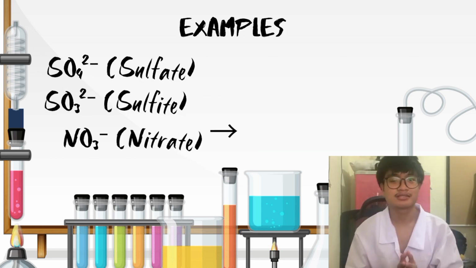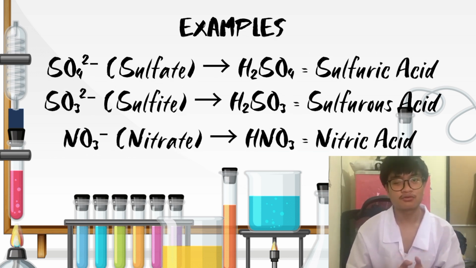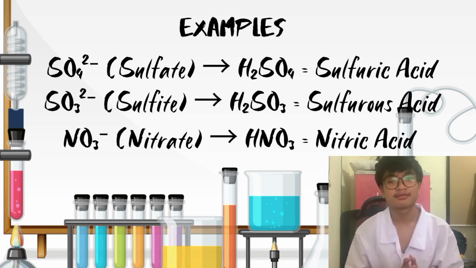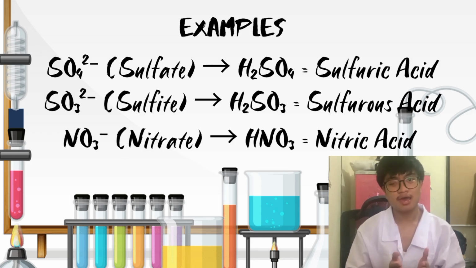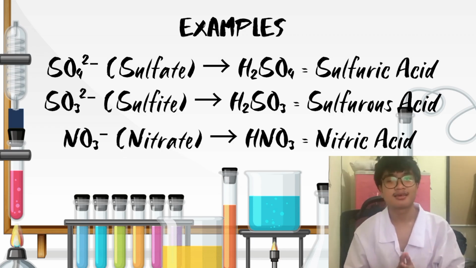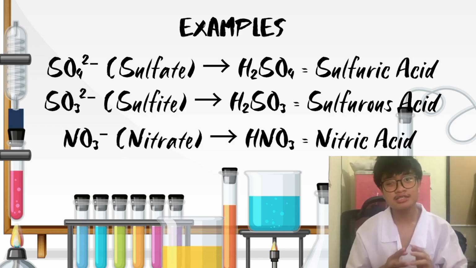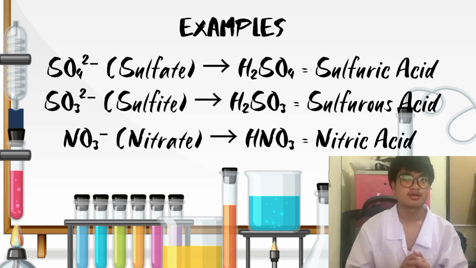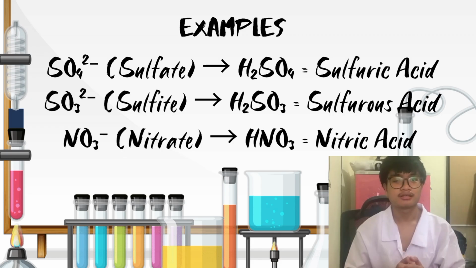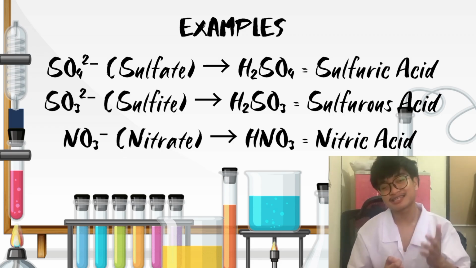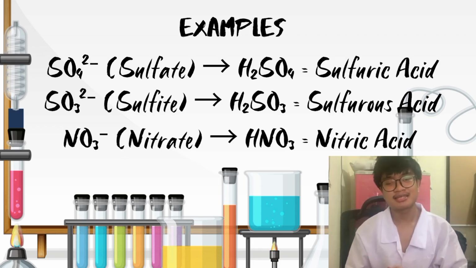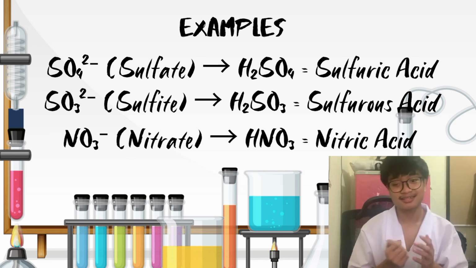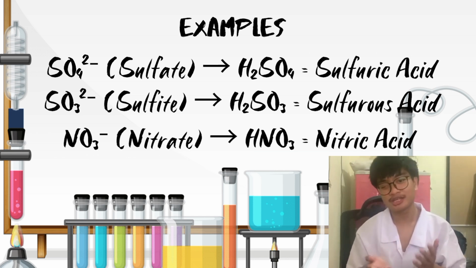Examples we have is SO4 2 minus sulfate and H2SO4 that will become sulfuric acid. Another is SO3 2 minus sulfite and H2SO3 that will become sulfurous acid. And another is NO3 minus nitrate and HNO3 that will become nitric acid.